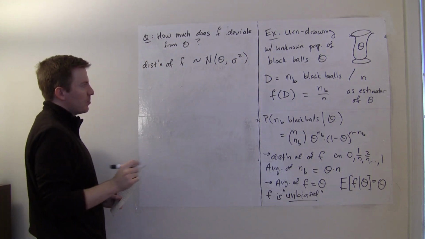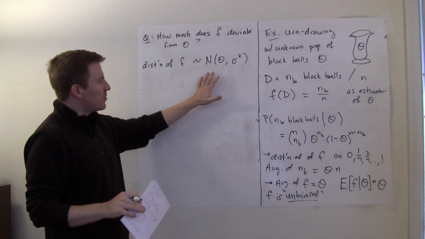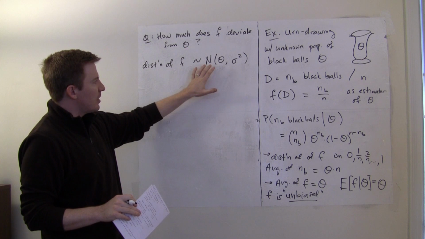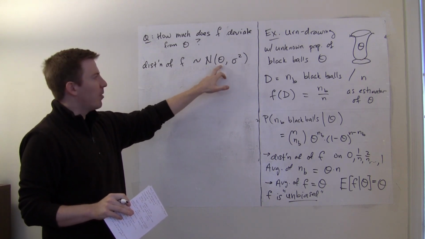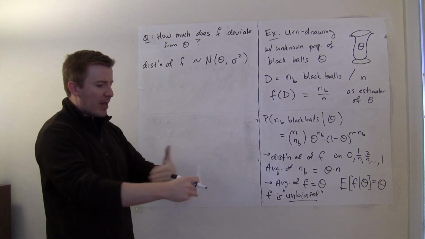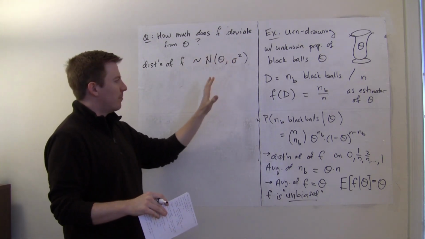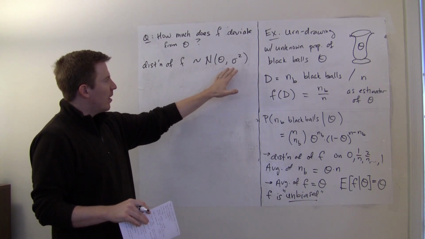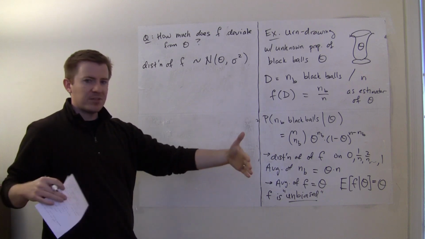We'll write the normal distribution this way. Again, we skipped over the parts in the book where we talk about the normal distribution. This notation just means the bell curve distribution with this center point theta and a spread, a standard deviation, that's called sigma. We write sigma squared for some obscure reason. But that just says how much the bell curve is distributed around that.